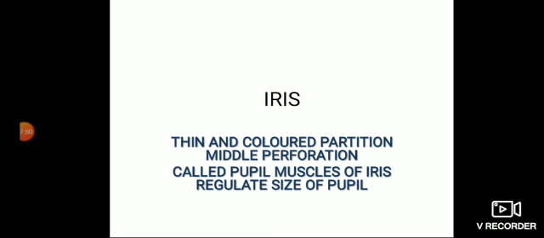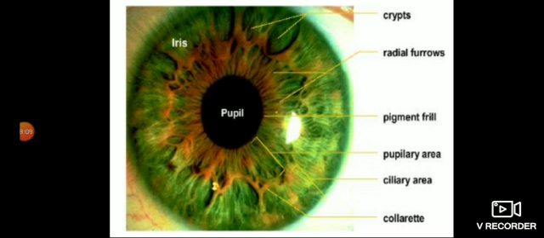Light rays pass through the pupil, and it acts like a diaphragm. The size of the pupil determines the intensity of the light. Movement depends on the intensity of the light. So the pupil is just a diaphragm in front of the lens.